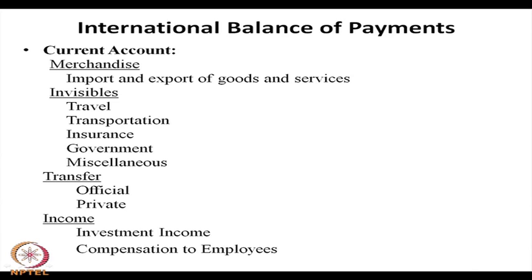Transportation and insurance: our export and imports are going, and we pay insurance for that, which is part of the invisible payment. However, India is a destination for travel and tourism, so we get a significant amount of foreign exchange, which is part of the invisible.